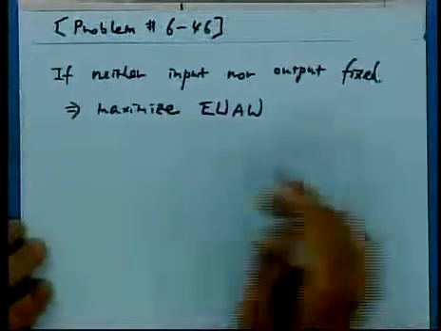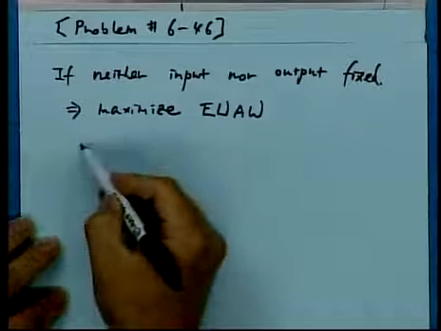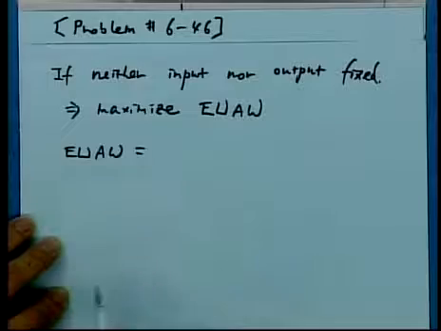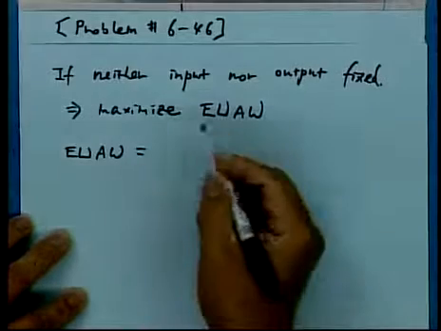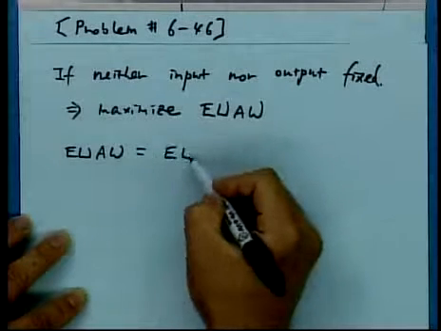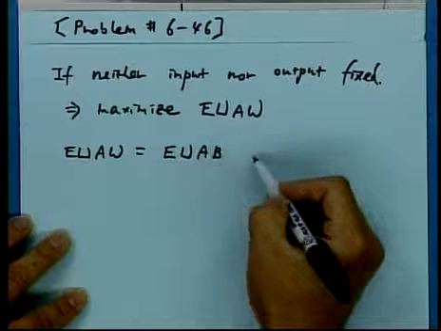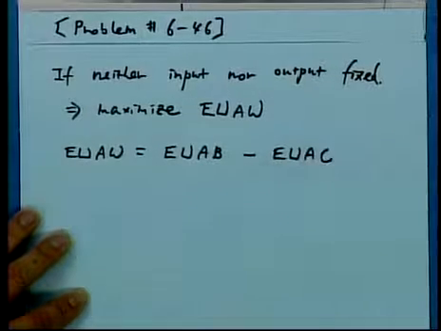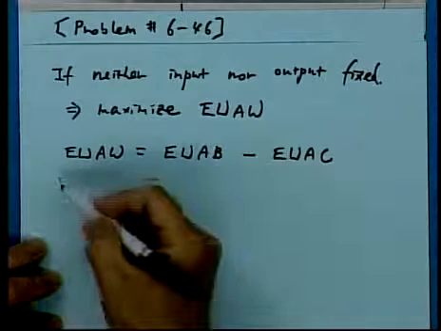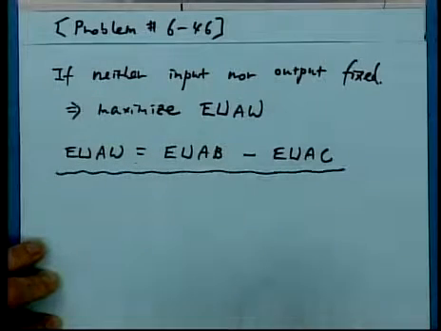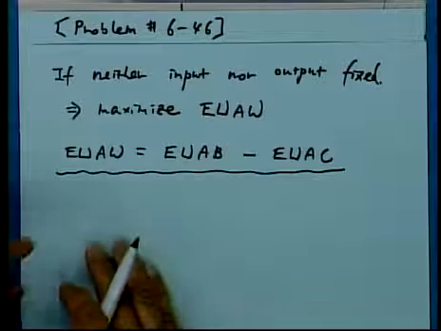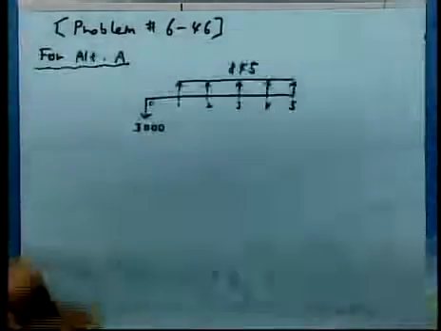And how would you get EUAW? Equivalent uniform annual worth can be computed by equivalent uniform annual benefit minus equivalent uniform annual cost. So we are going to use this formula for problem number 6-46.